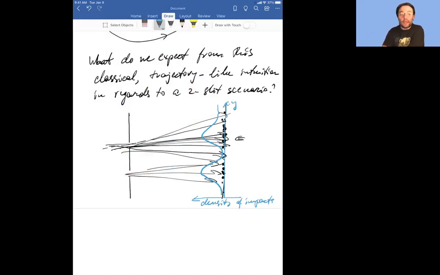And by the way, what would you expect if I covered one of the slits? Well, one of these bell-shaped lobes will disappear.